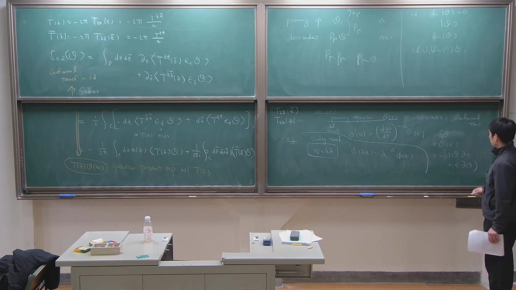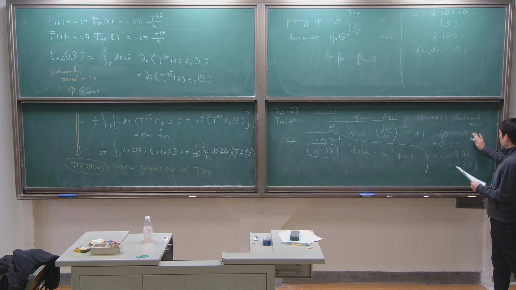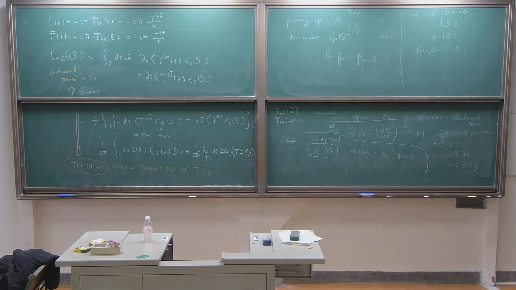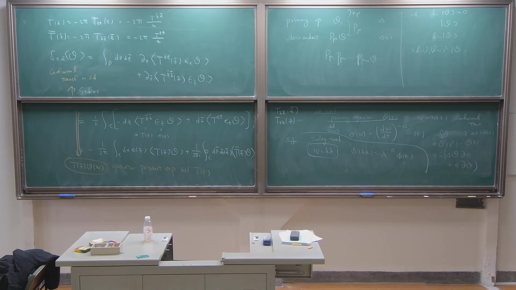So z prime is equal to z plus epsilon of z. Okay, so this is the transformation rule you get.